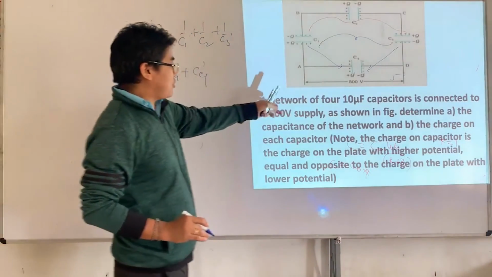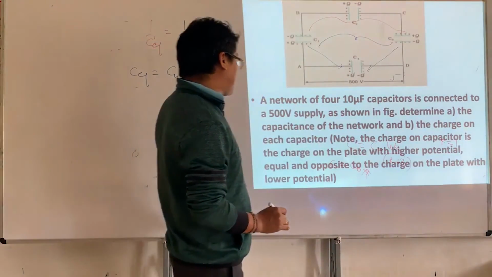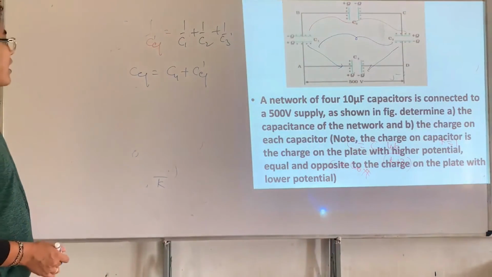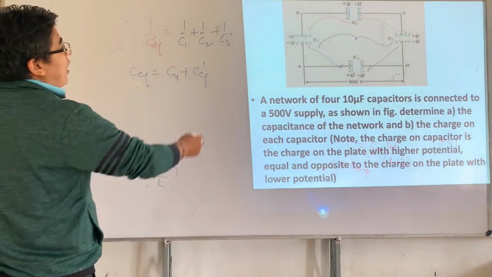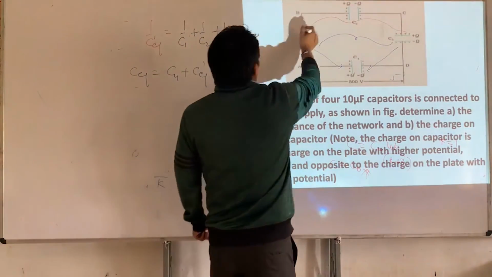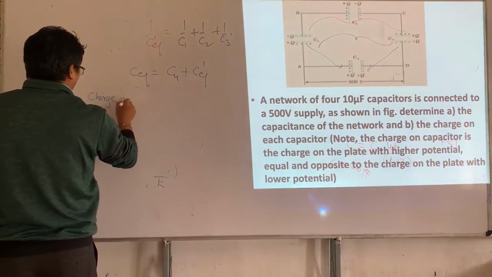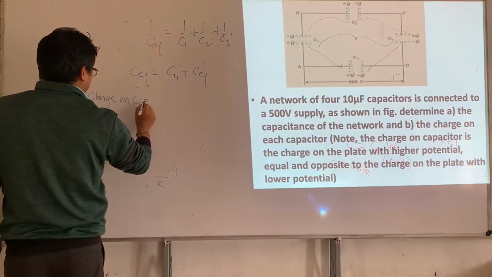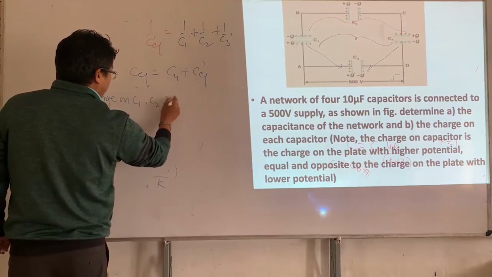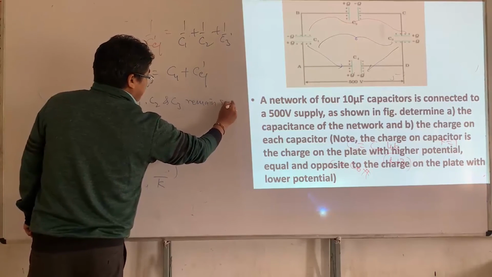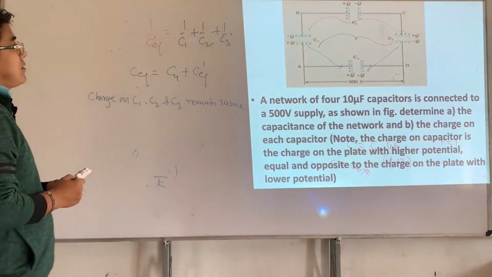This is the first part done. Now next is the charge on each capacitor. Look here. The charge on all these capacitors is the same. I write here, the charge on C1, C2 and C3 remains the same.